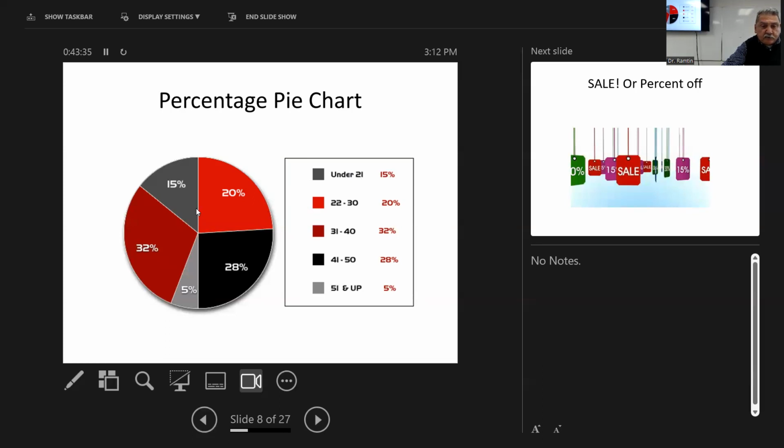People between 22 and 30, there are 20%. Between 31 to 40, you have 32. That's the largest age population that you have. Between 41 to 50, you have 28, and the least is 51 and up, 5%.